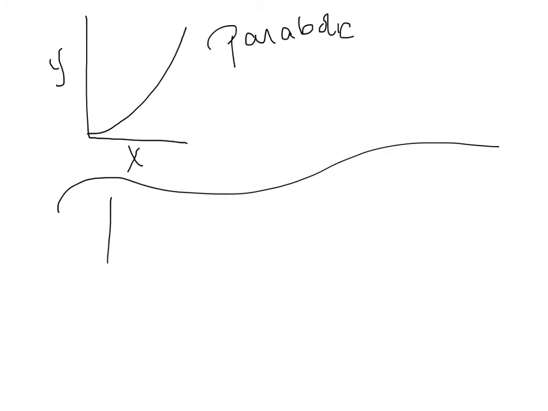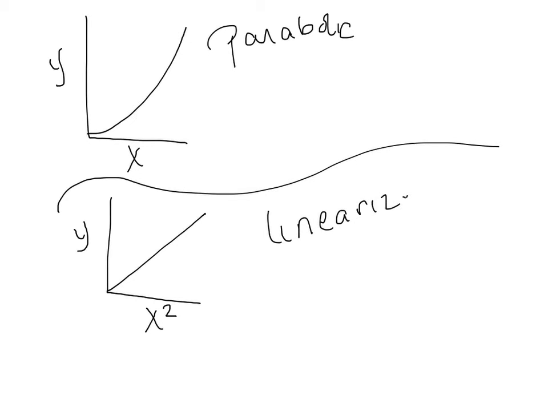And to do that, we graph y over x squared. When you do that, you get a straight line, so it becomes linearized. And then we can find the slope and carry on.